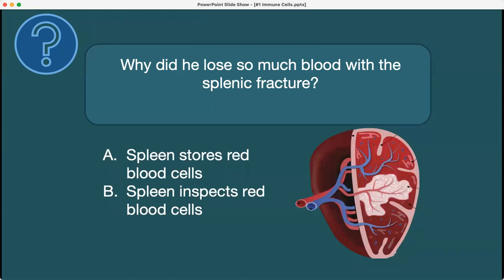So let's go back to the splenic fracture. Why did this little boy lose so much blood? Is it the spleen stores red blood cells, or the spleen inspects red blood cells?